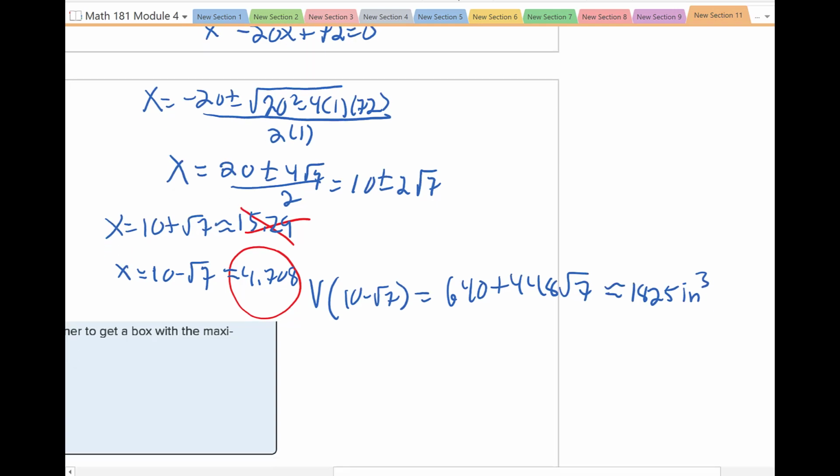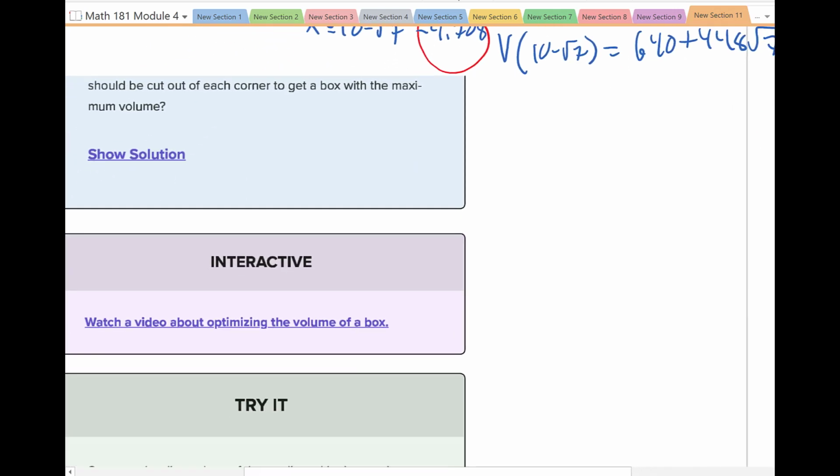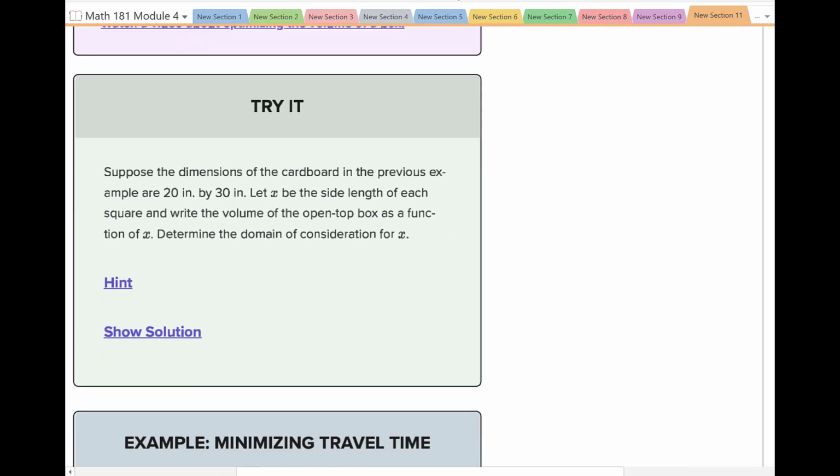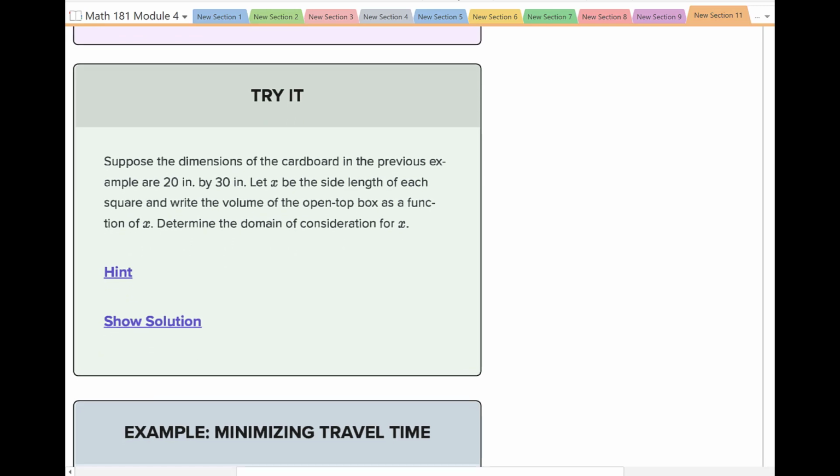Let's go on to another one like this with boxes. Suppose the dimensions of the cardboard in the previous example are 20 by 30. So we have our 20 by 30 sheet here, and we have corners cut out.